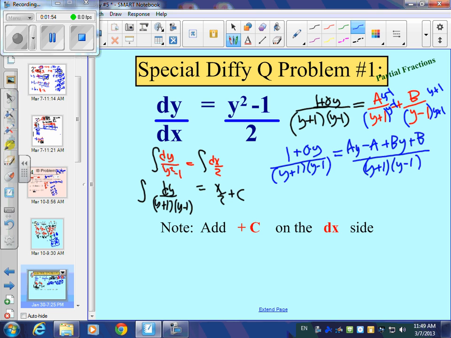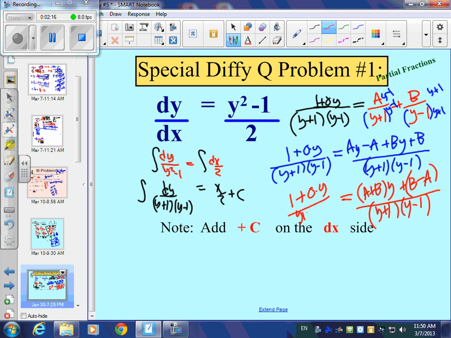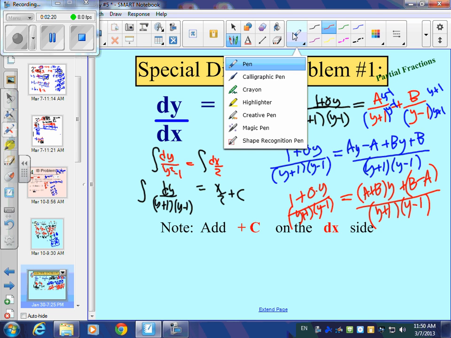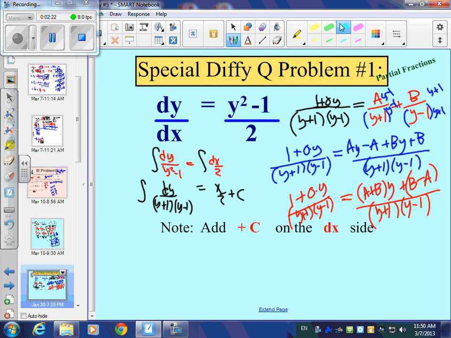You might want to consider grouping these into a plus b times y plus b minus a, all over y plus 1, y minus 1. So what does 1 plus 0 times y over, what does the a plus b map to or connect to?